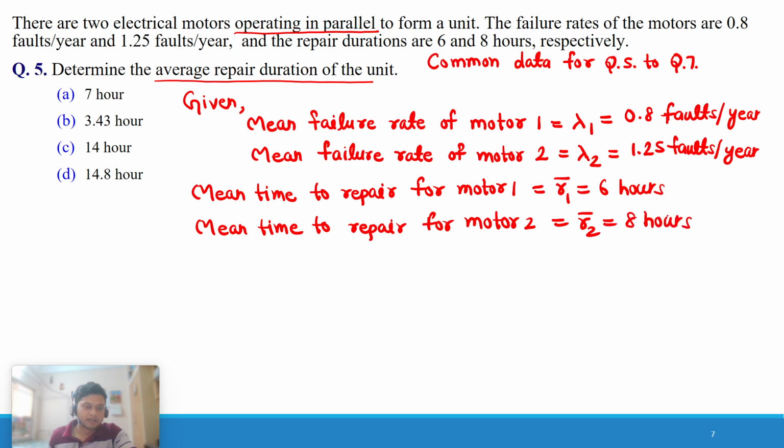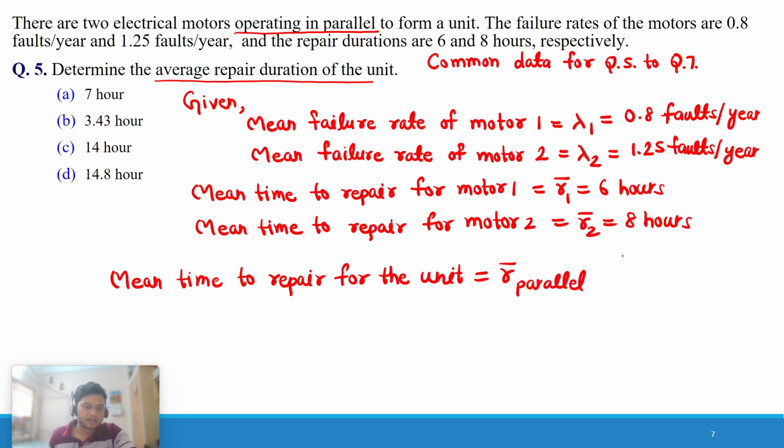Here we have to find the mean time to repair of the unit, that is the average repair duration, for the system, R bar parallel.